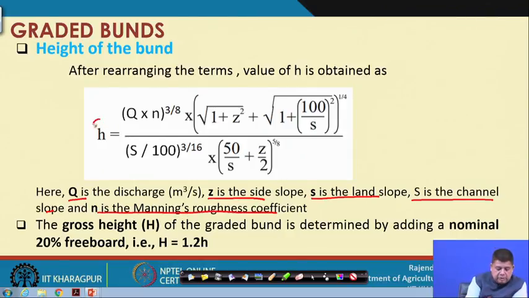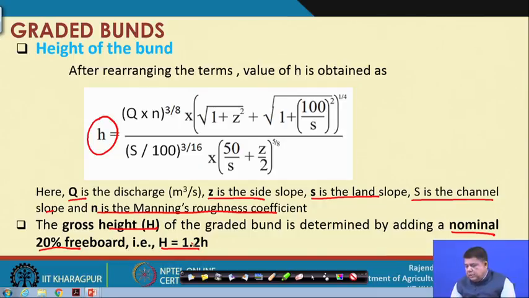Using this formula we can calculate h, and then the gross height or the height of the bund can be determined by adding a nominal 20% or 25% freeboard. So h will be 1.2 or 1.25 h, whichever we want to calculate.